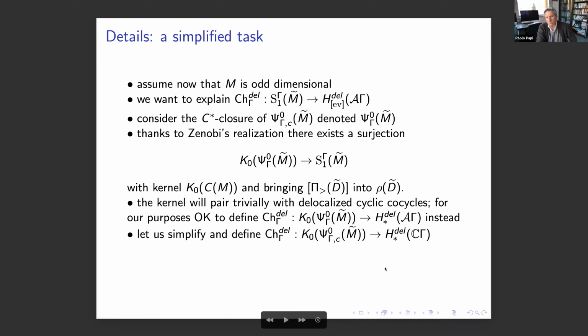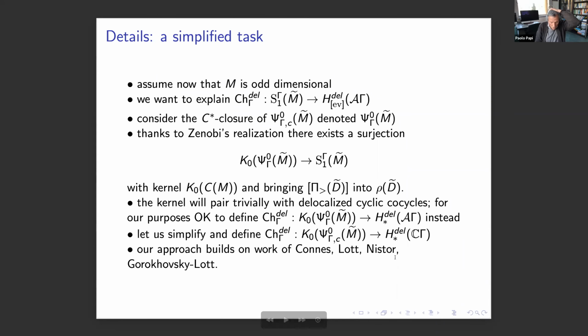First of all, let me forget about topology and define an easier map, from compactly supported pseudo-differential operators to the delocalized homology of C gamma, not of the algebra A gamma, which is bigger. So this is a simplified problem.